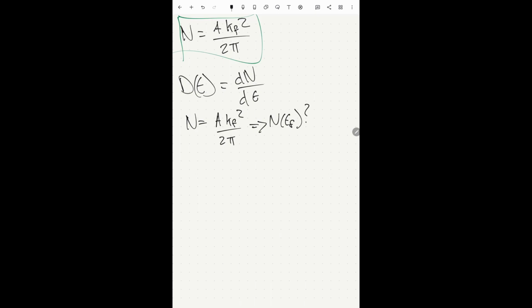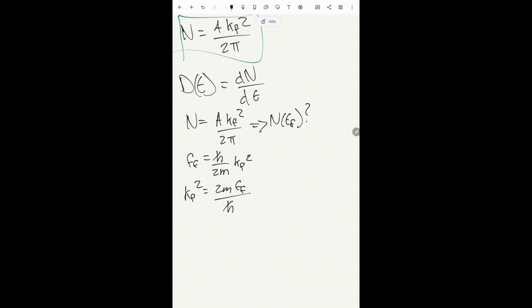Well, there's an equation which states that our Fermi energy is equal to h bar squared over 2m times kF squared. So if we solve this equation for kF squared, we get that it is equal to 2m times our Fermi energy over h bar squared. So we can plug this into our number of states.